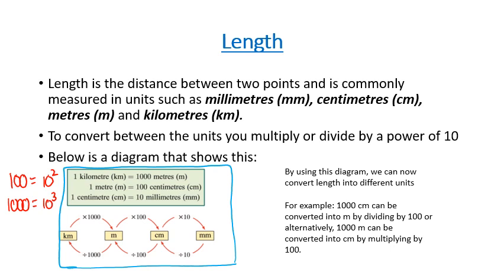Now, if we are going from millimeters and we are going to centimeters, meters, or kilometers, then we're simply going to divide. So if we go this way, we are dividing. And if we are going the other way, from kilometers and we're going smaller, we're actually multiplying. And we'll go through a few examples of how to do that.